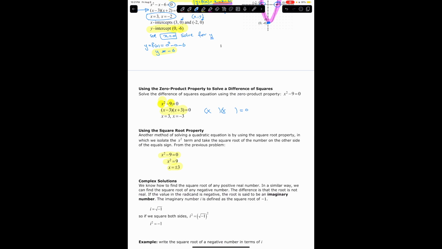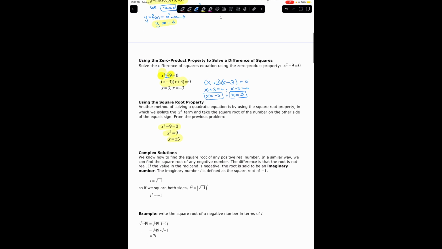Here is x squared split into x and x. The last term sign is negative, which means I have different signs for the factors. Now I'm going to think about two numbers. Their product is negative 9, and their sum is 0, because the middle term is non-existent. So the b part of the equation is 0. These can be only 3 and negative 3. There is not another option.